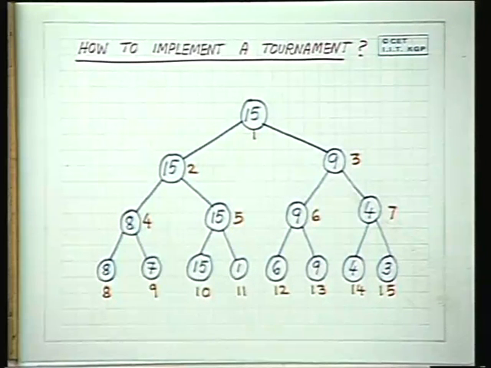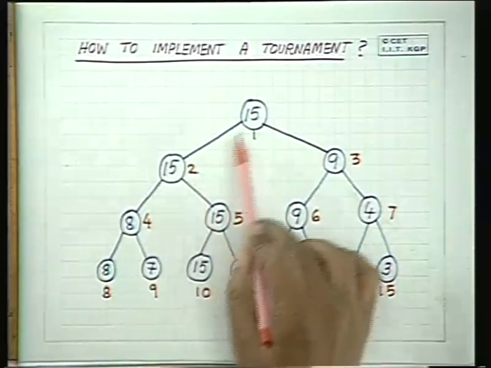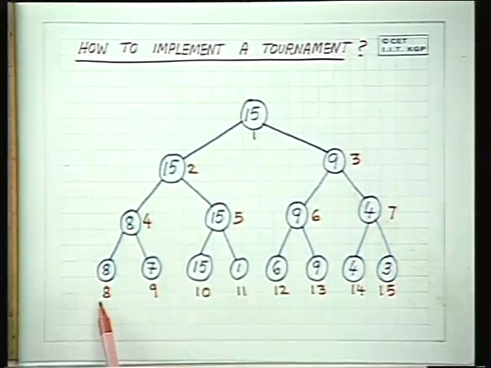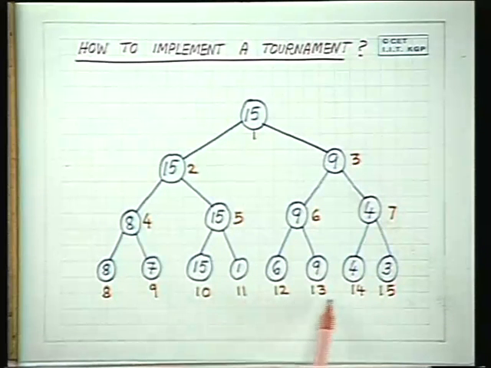Let us see this numbering. Now suppose my red elements are put in array locations 8, 9, 10, 11, 12, 13, 14, 15.